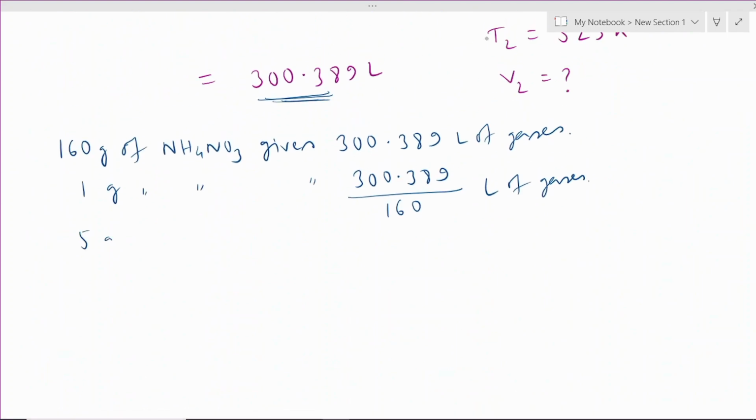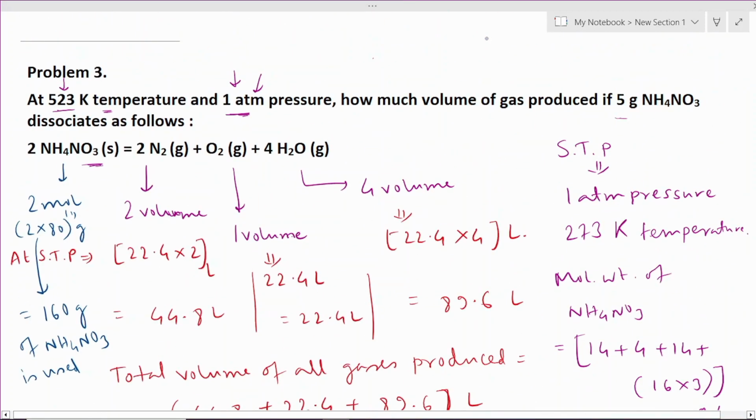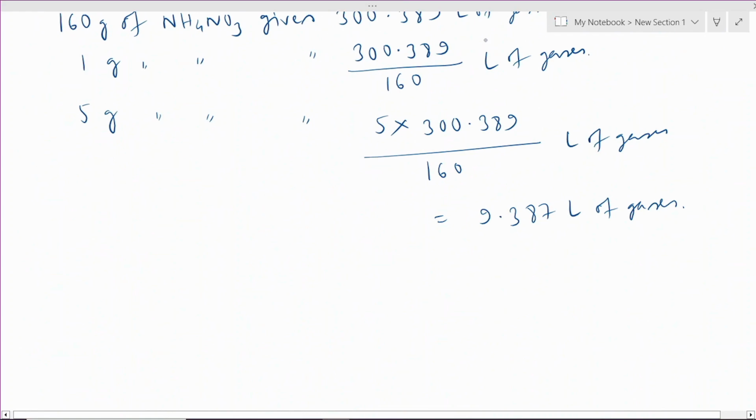So 5 gram of ammonium nitrate gives 5 into 300.389 upon 160 liter of gases. So this is 9.387 liter of gases. So this is the answer. So 5 gram of ammonium nitrate gives 9.387 liter of all gases.